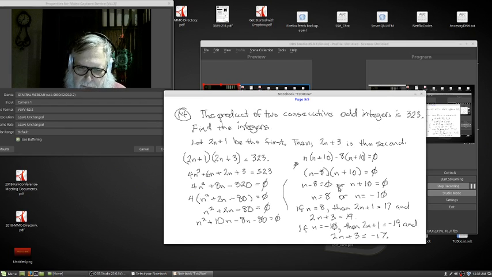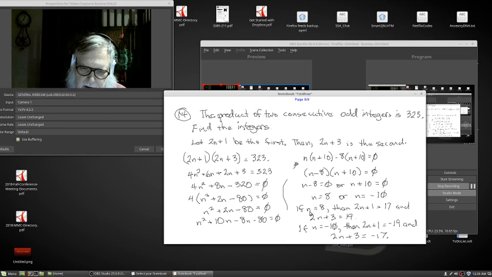So when we solve this and find out that n can be 8 or n can be negative 10, we don't throw out the negative 10. That's just going to give us another possible pair of consecutive odd integers.